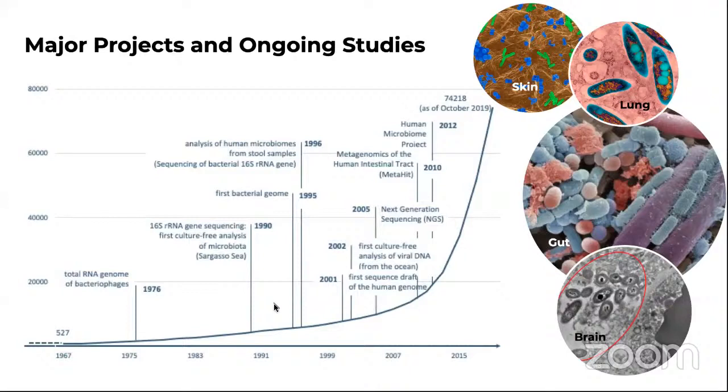The brain is a novel area of microbiome studies. Over the past decade, the development of these sequencing technologies have enabled extensive characterization of microorganisms, including in the gut, lung, skin, and now in the brain. And so because we know that the microorganisms that we coexist with can influence our physiology, immune system, even behavior, we know that the brain could be affected by dysbiosis or changes in the microbiome.